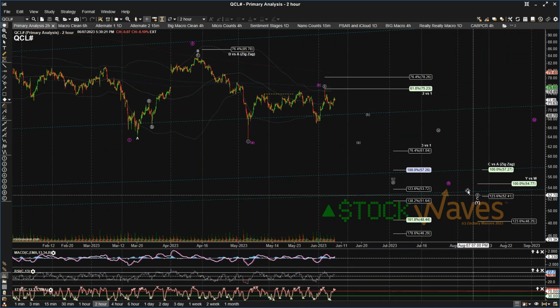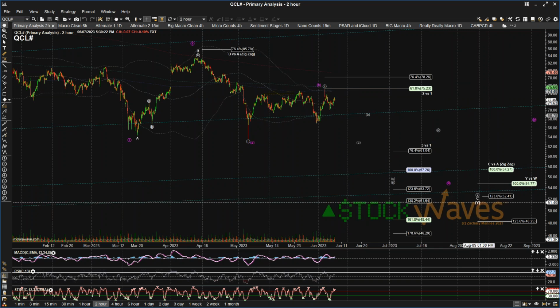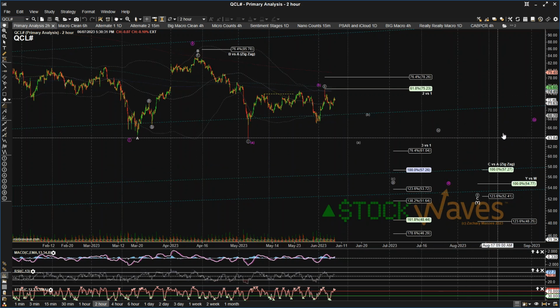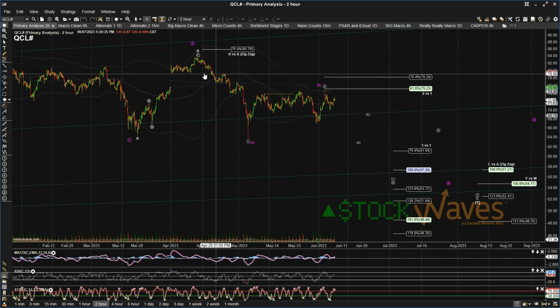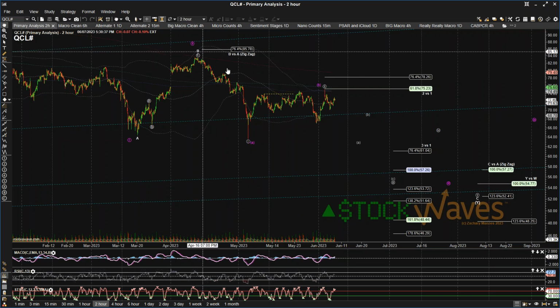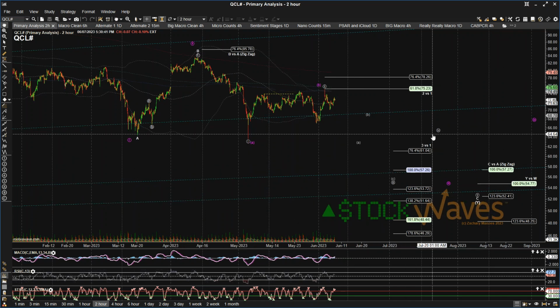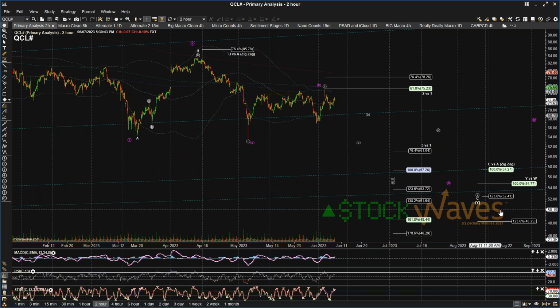So I'm going to continue to look for this to try and make another low down here into the mid to low 50s. So that could be an A, B, C move as a third, and then get a big bounce as a fourth, and then one more low after that. But my preference is that this is a B wave of a Y, and we get 1, 2, 3, 4, and 5 to complete all of that move very shortly.